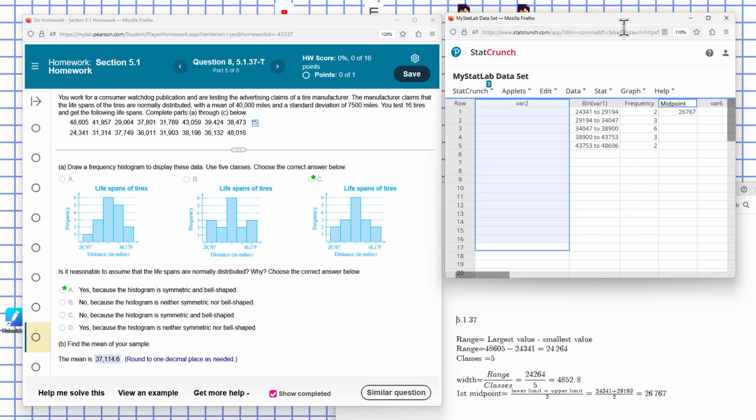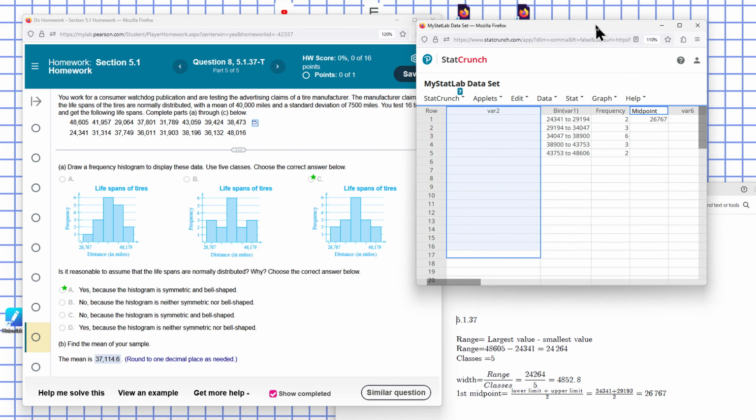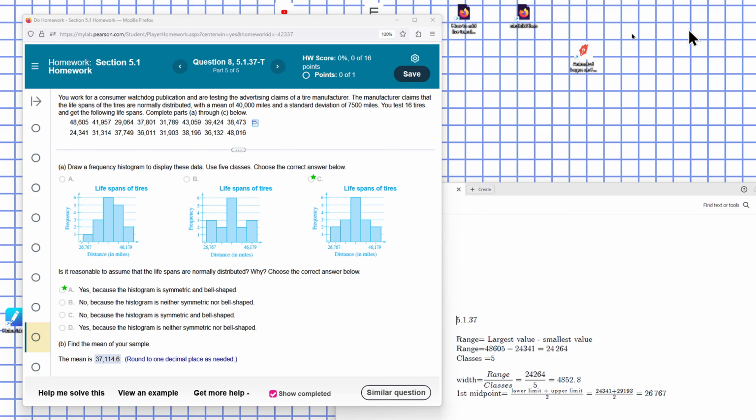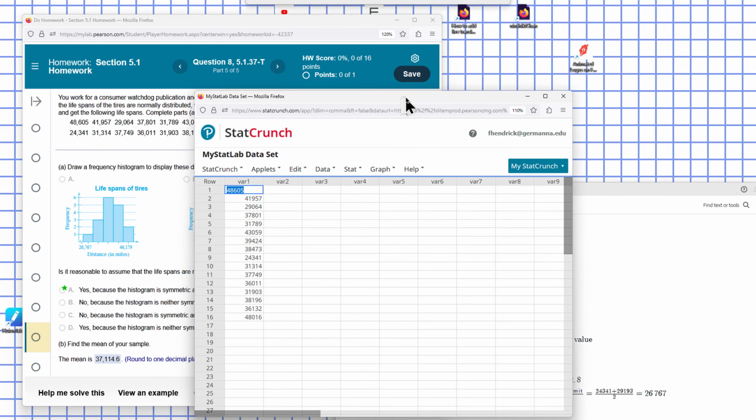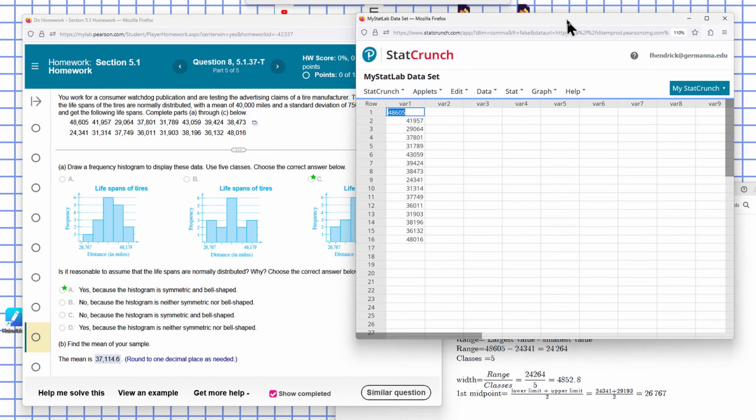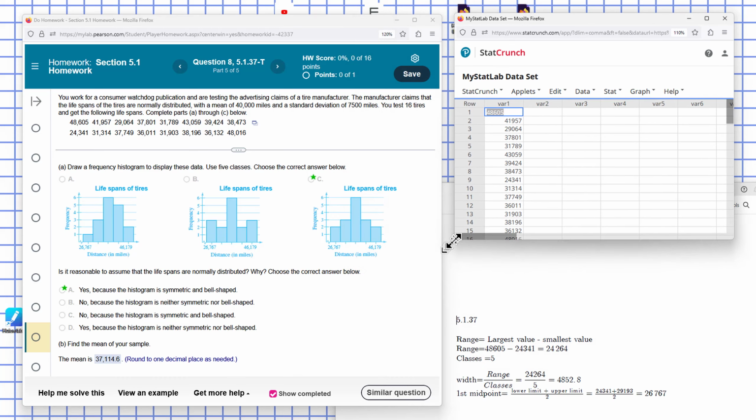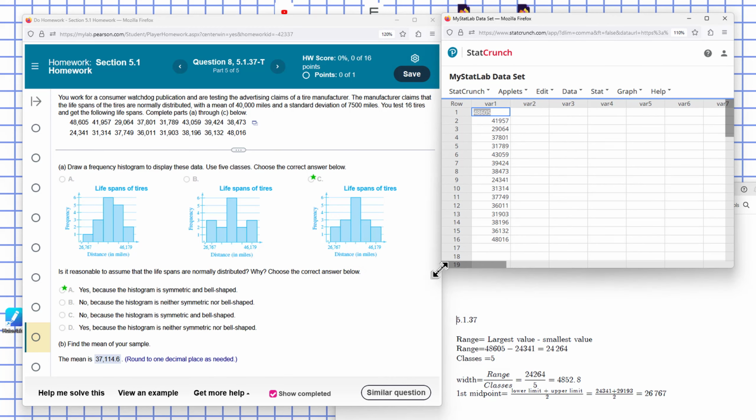I'll just go ahead and start over then. So there you can see it in StatCrunch.